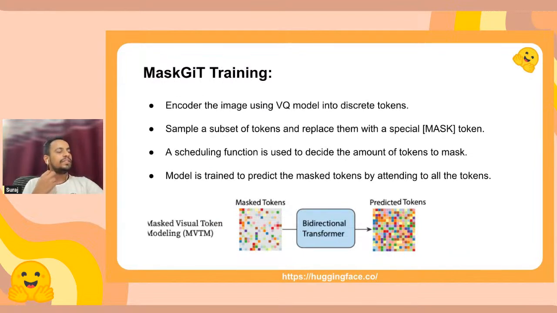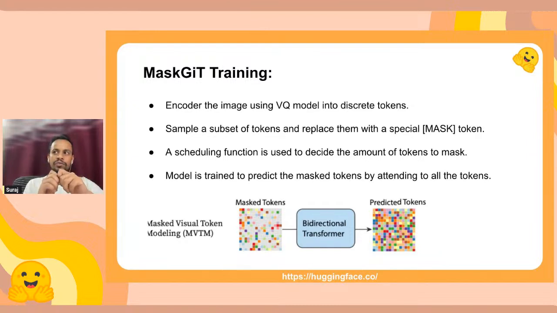Now, during training, as I said, it's a two-stage model. We use a VQ model encoder to get a discrete representation of tokens, and then we sample a subset of tokens and replace them with a mask token. This is the key part here.